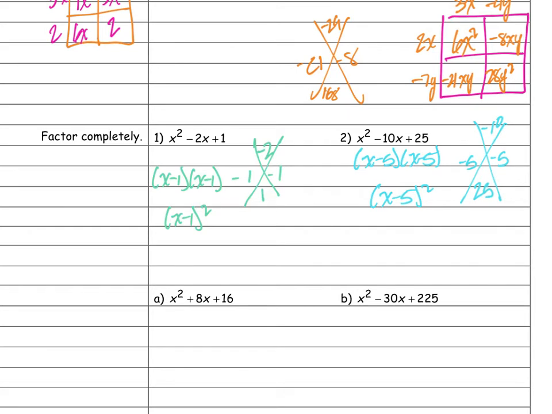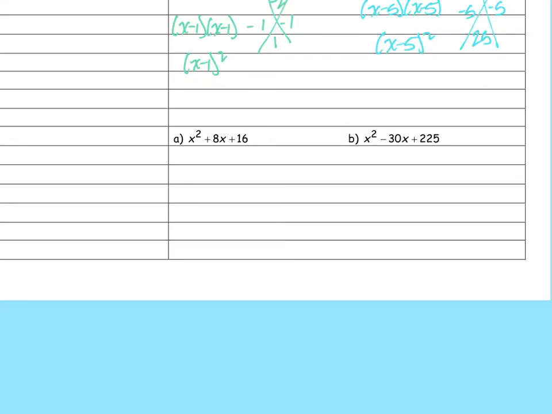So again, I need two numbers that multiply to be 16 and add to be 8. 4 times 4. So I can write that as either x plus 4 times x plus 4 or x plus 4 squared. I don't care.